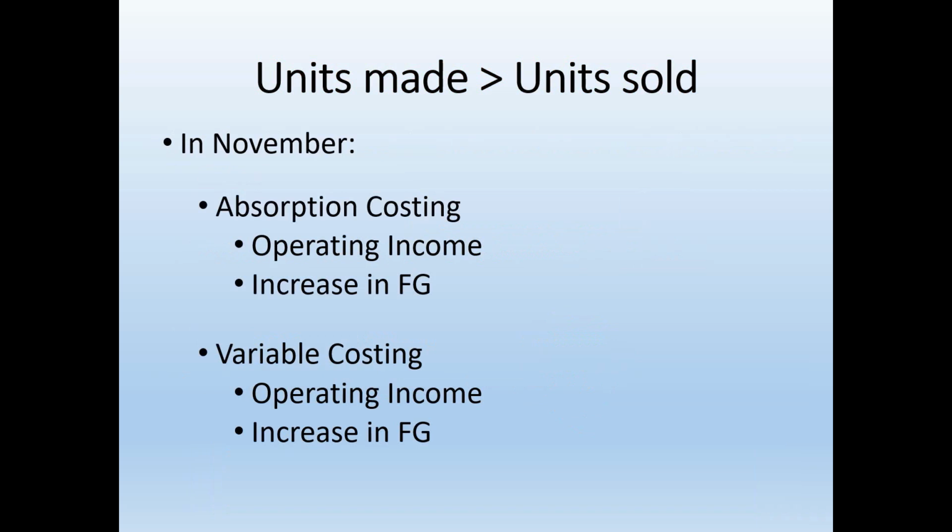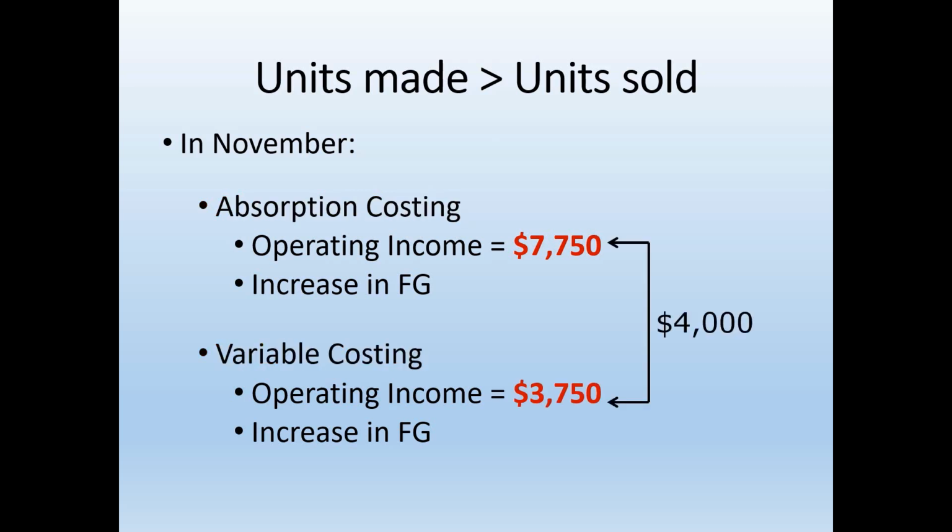Let's compare the results for November under the two methods. When we compare operating income, as you can see, the November operating income is $4,000 greater for absorption costing than for variable costing.